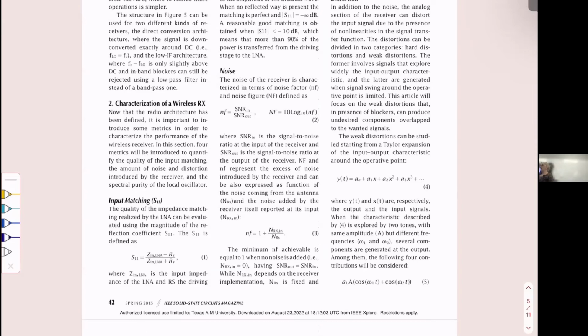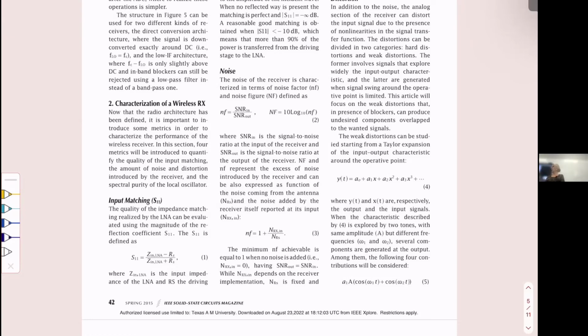Anything you lose into interconnects, anything you lose into any conductors you are using, becomes ohmic loss and ohmic noise. Then you have noise from active devices, and then you have noise from high frequency effects.